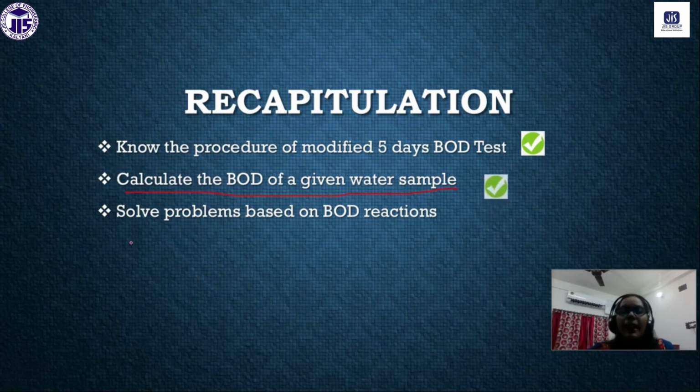Yes, and now you can solve the problem based on BOD reaction. Don't worry, we will solve more problems, then you will be comfortable with solving the problems based on the BOD reactions. Understand? So all these things we have covered today.